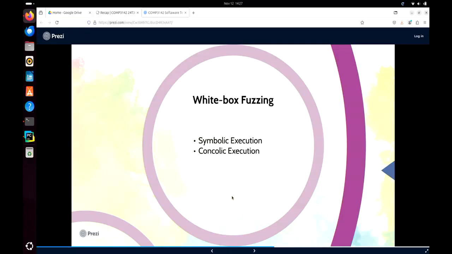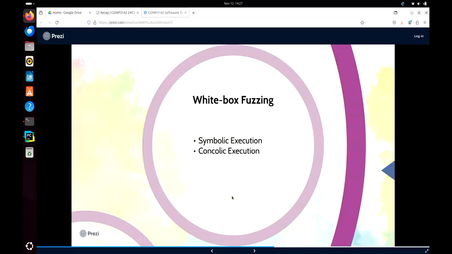In order to solve this path explosion problem, we have introduced the concept of concolic execution, which is to combine concrete execution with symbolic execution. And this is white box fuzzing.